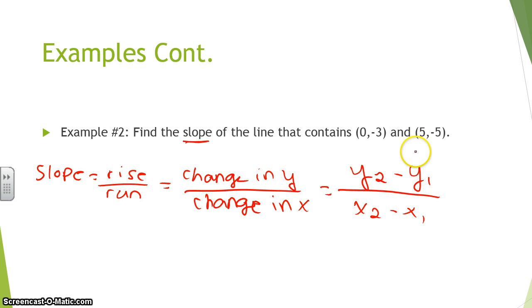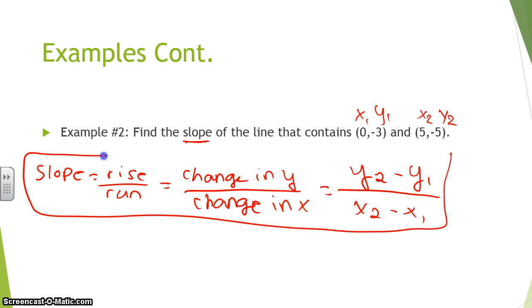So when I'm given 2 points, I can label them as x1, y1, x2, y2. Why did I label it like that? Well, I just chose my first set of ordered pairs as x1, y1, my second set of ordered pairs x2, y2. So now, using the formula for slope, I am going to find the slope given the ordered pairs.